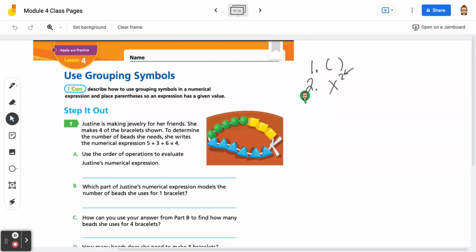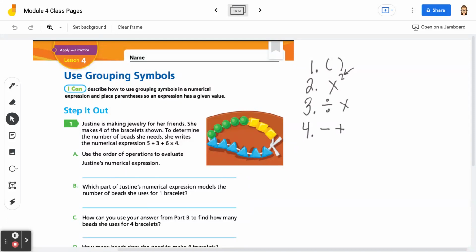Number 3 is going to be your division or multiplication, depending on the order it comes in the problem. So if division is first in the problem, you do division first. If multiplication is first, you do multiplication. And then addition or subtraction, depending on the order it comes in the problem. So if subtraction's first in the problem, you do subtraction. If addition's first, you do addition.